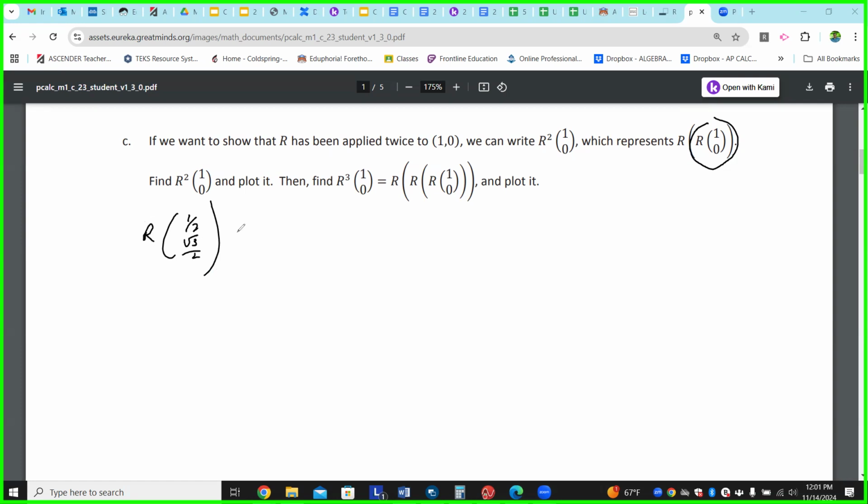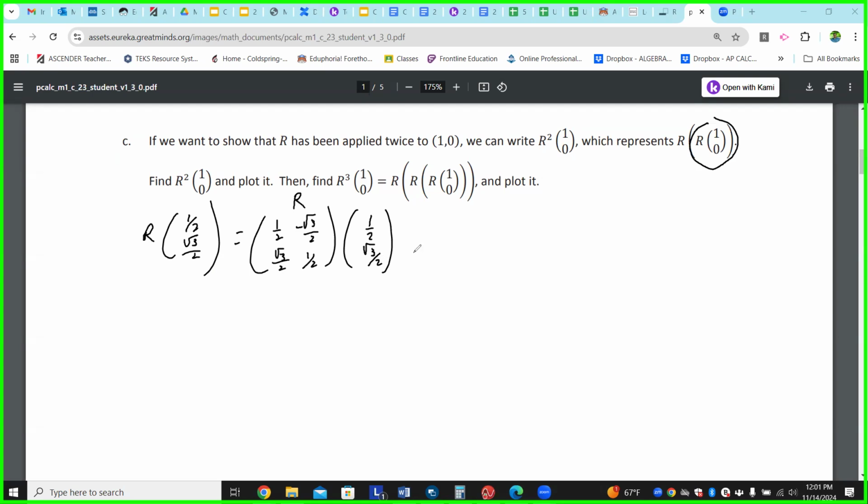But our R, and I'm going to write it with the coordinates, was 1/2, negative square root 3 over 2, square root 3 over 2, 1/2, times this guy right here. So all I did was re-plug in what the R was from part A. And this was just square root 3 over 2.